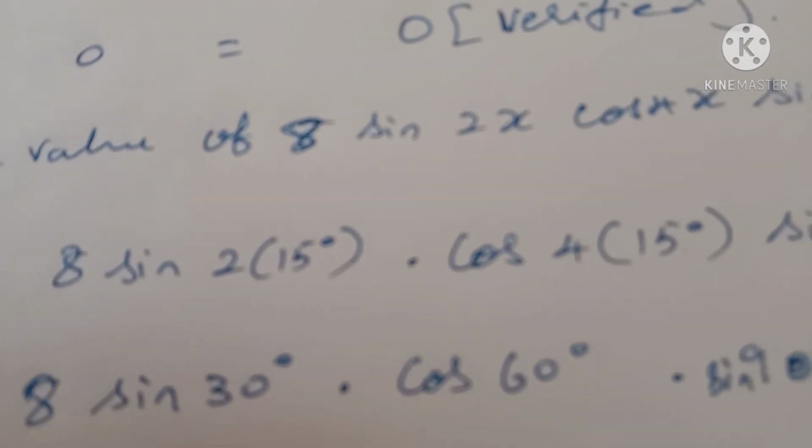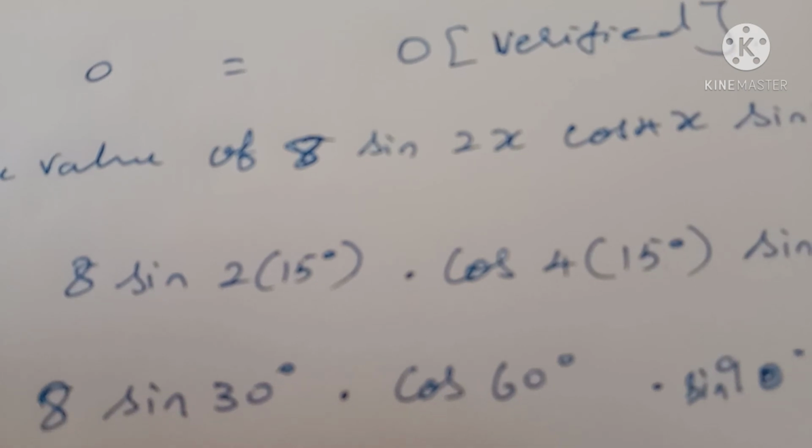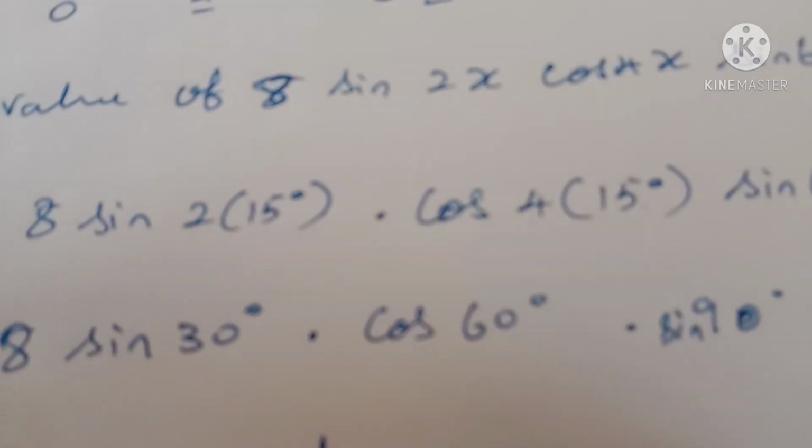So 8 into sin 30 is 1 by 2, into cos 60 is 1 by 2, into sin 90 is 1.